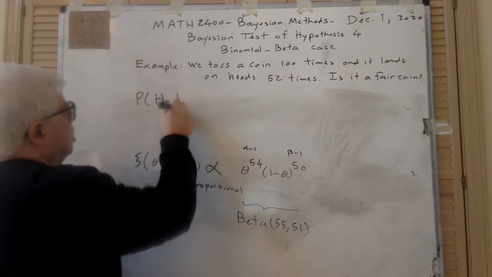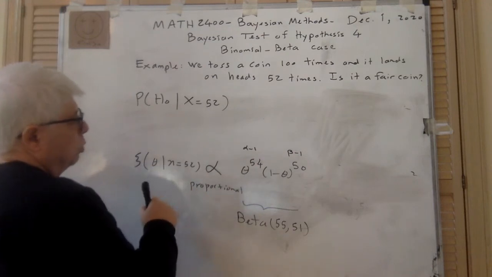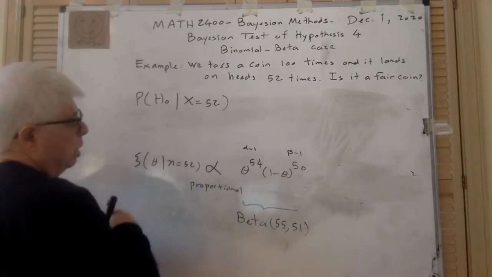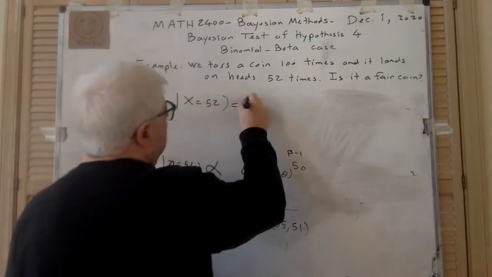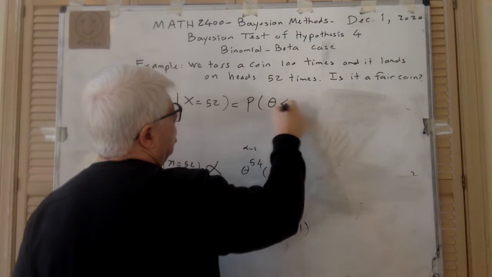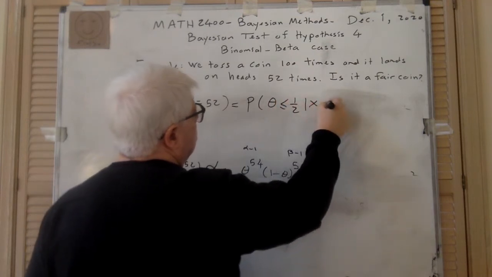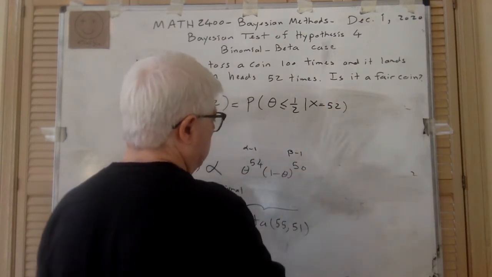P of H0 given that x was 52, and this is based on this distribution for theta. So this is in fact P of big theta less than or equal to 1/2, given that x is 52, which means given this, right?